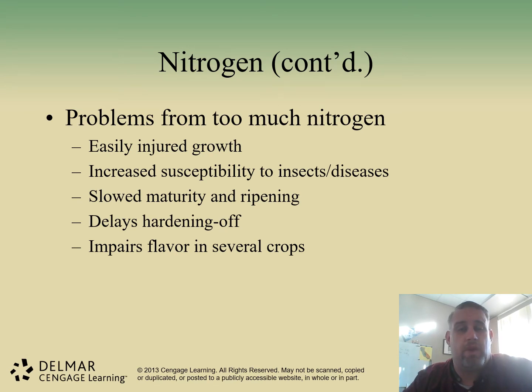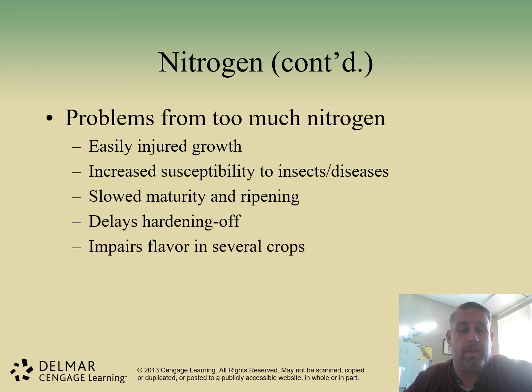So what happens when you put too much nitrogen down? You can be susceptible to insects and disease because the plant is growing so fast that it's opening itself up to infections. It doesn't allow for fruiting of plants as readily.